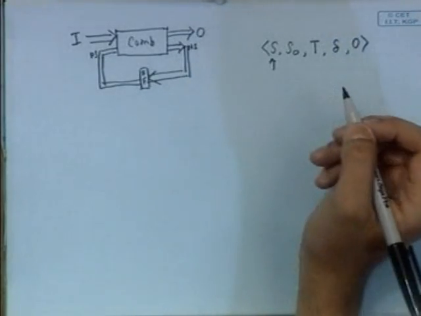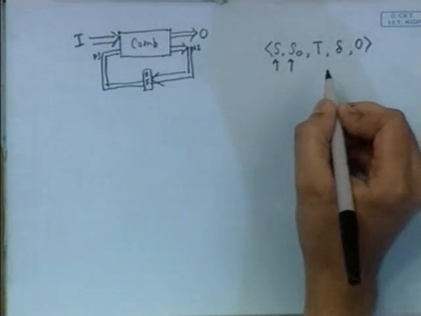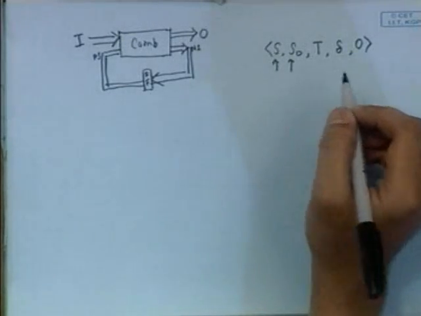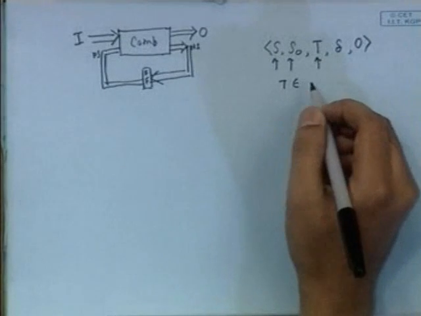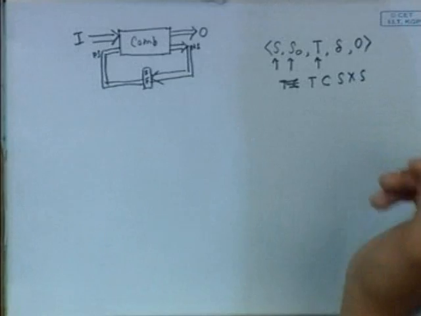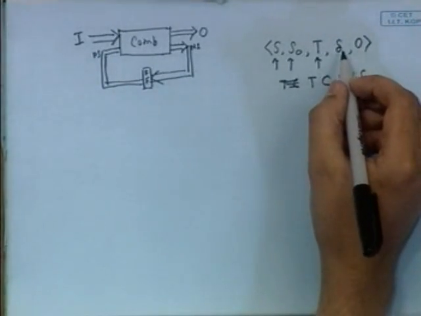S is the set of states, S0 is the set of start states, maybe 1. T is the transition, T is a subset of X cross S. And delta is a transition function.